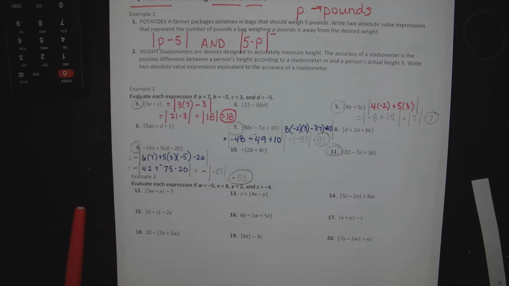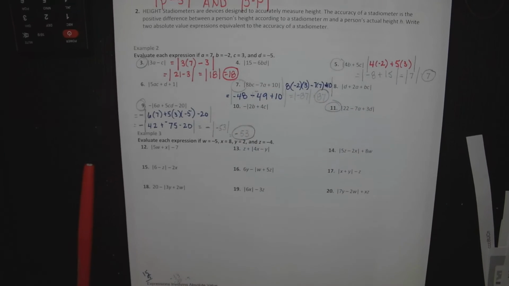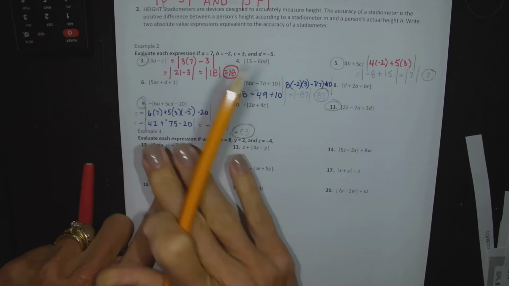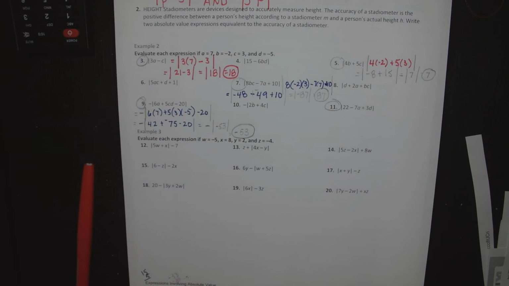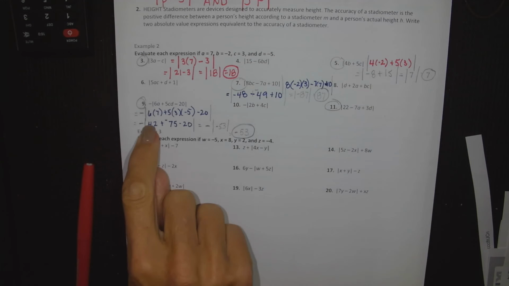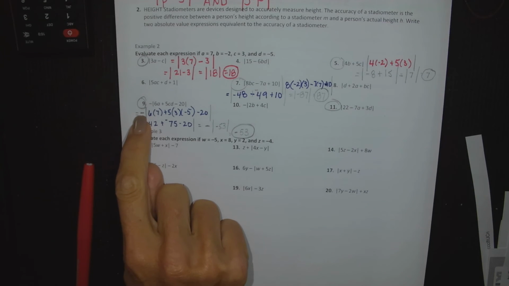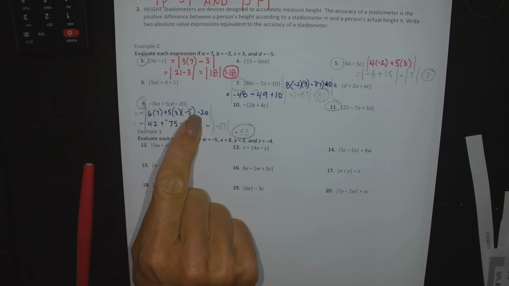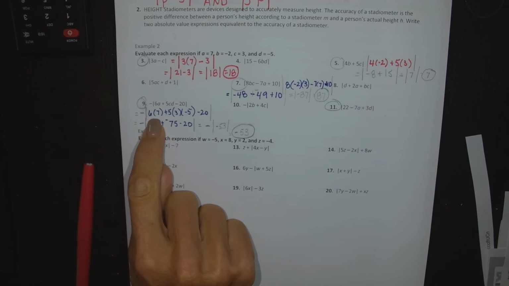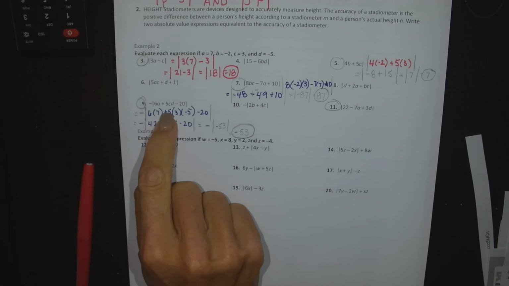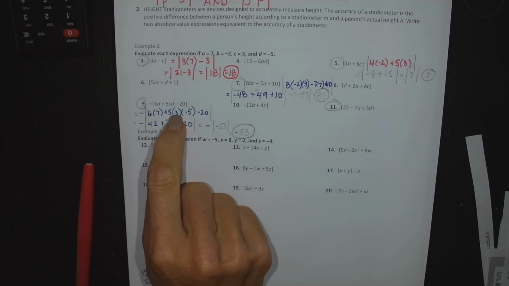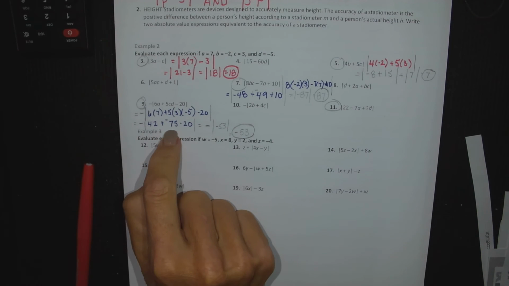Here's 9, worked out. That one got a little messy, just in case you needed work with your negative numbers. Here you are, okay? Negative outside the absolute value, 6 times 7, plus 5 times 3 times negative 5 minus 20. 6 times 7 is 42 plus, now I went ahead and wrote my plus here, then I did the math. 5 times 3 is 15. 15 times negative 5 is negative 75.